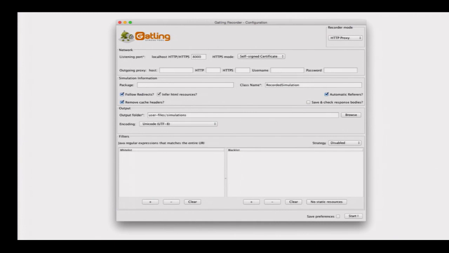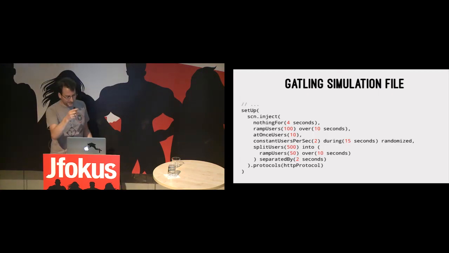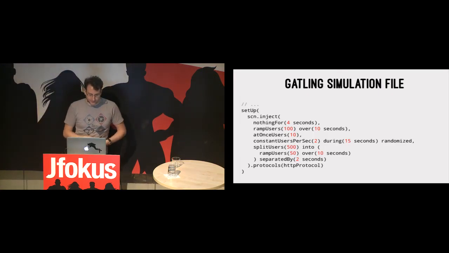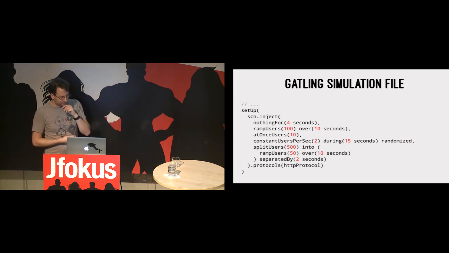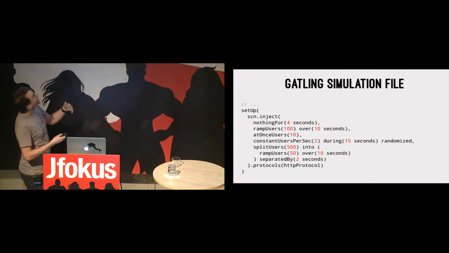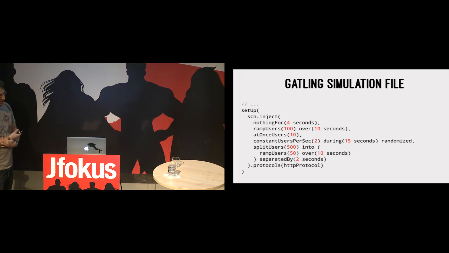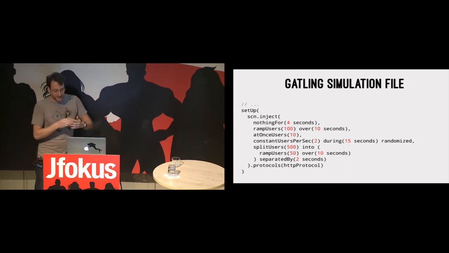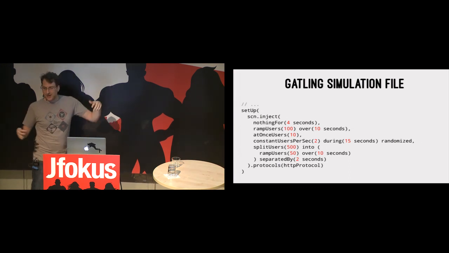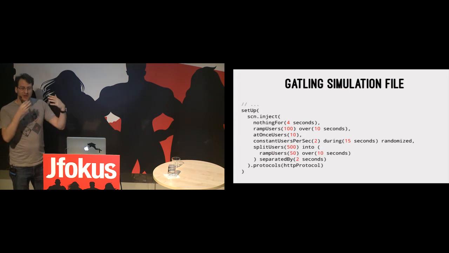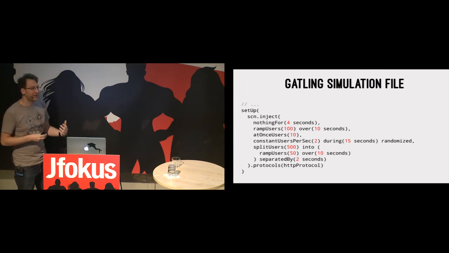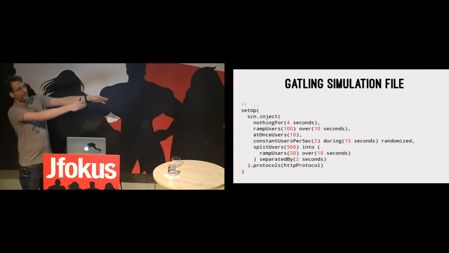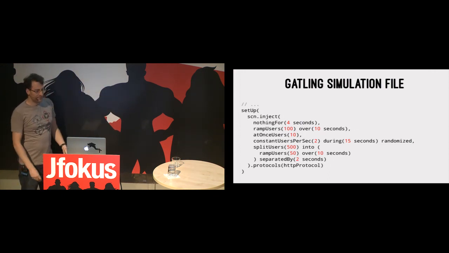At the end of this, it generates a source code file, and you say, I'm doing nothing for 4 seconds, I ramp up to that many users over a period of 10 seconds, and then I send more users in, with some random values here. So you describe a scenario that's a lot more realistic than just brute forcing 1,000 requests.